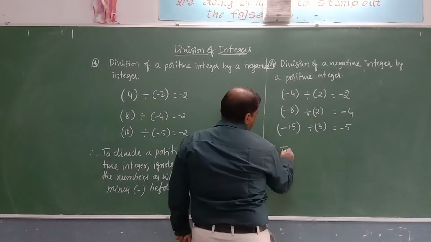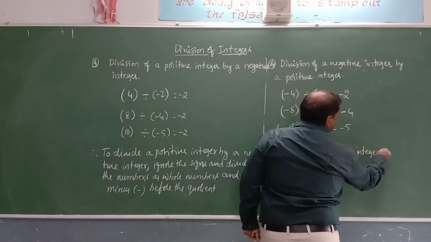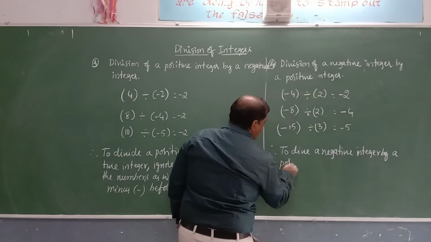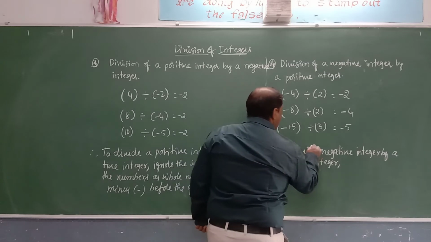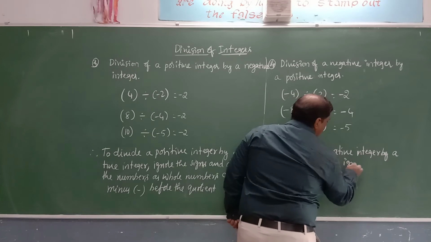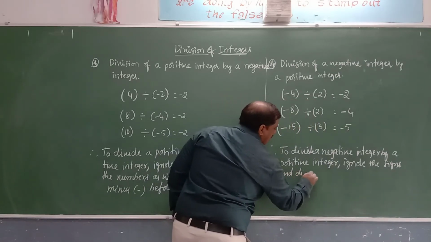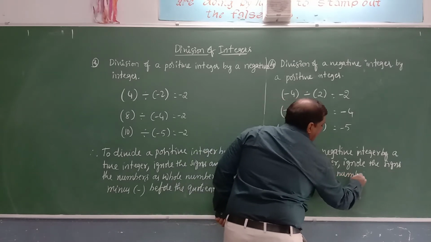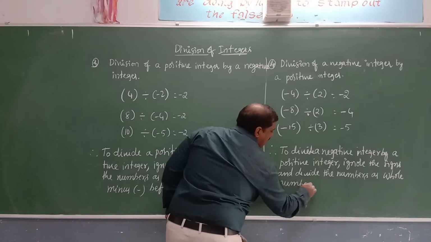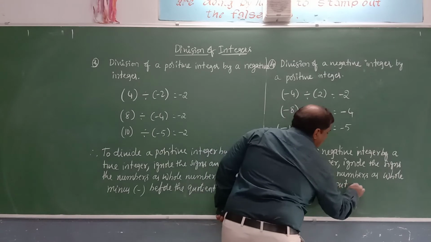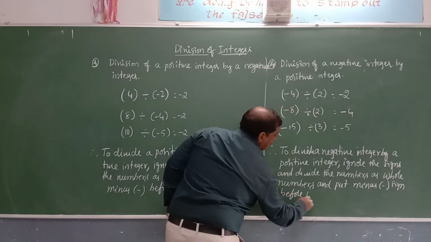Now, therefore, we conclude that to divide a negative integer by a positive integer, ignore the signs and divide the numbers as whole numbers and put minus sign before the quotient.